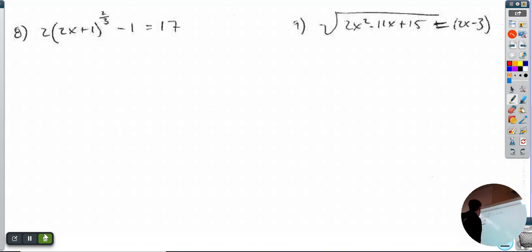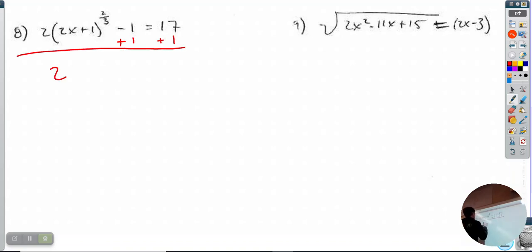So, first things first, we've got to deal with that minus 1. So, the opposite of subtracting 1 is adding 1. Alright, so plus 1 plus 1.